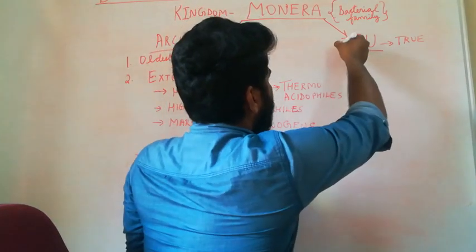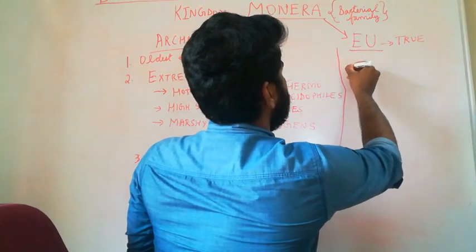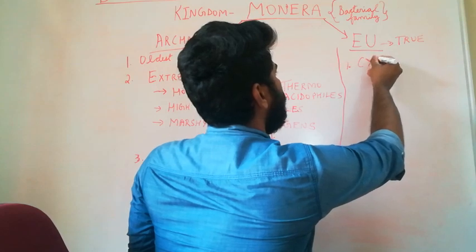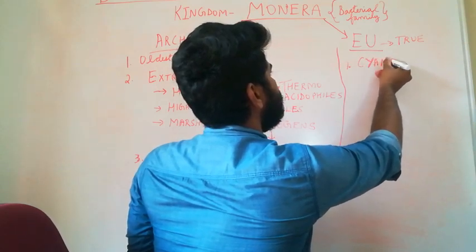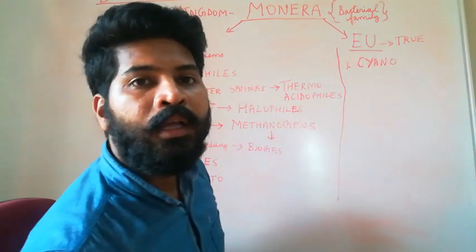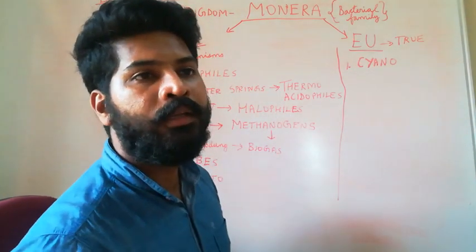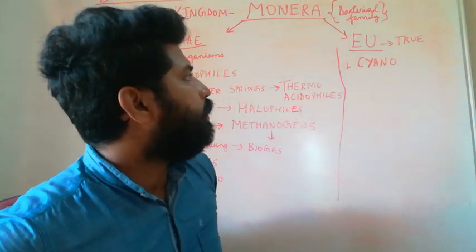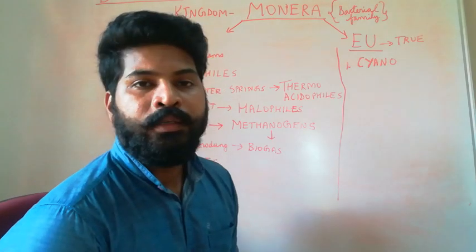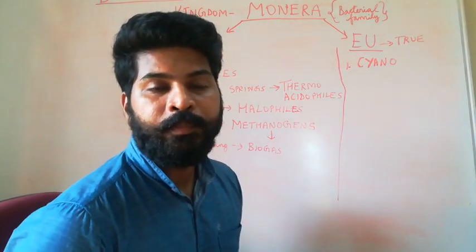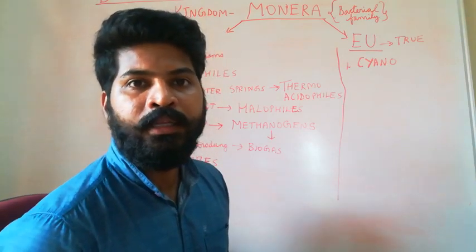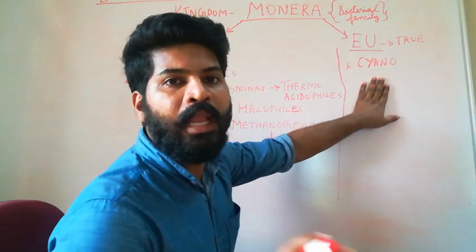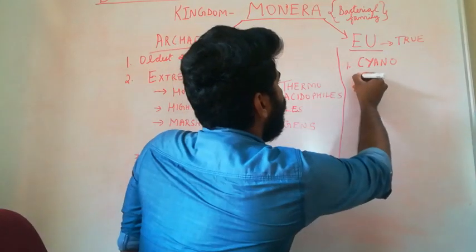This eubacteria includes cyanobacteria, that is commonly called blue-green algae, even though it is not algae. They contain pigments such as chlorophyll A and carotenoids and xanthophylls, which are seen in plants. So they can prepare their own food with the help of these pigments.